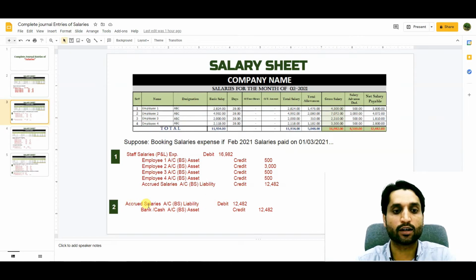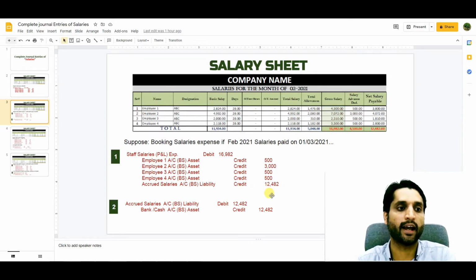They are taking the accrued salaries account, balance sheet liability, this account which we made earlier as credit. Now when we are paying the salaries, we need to make this account debit, 12,482. Bank payment or cash payment, the mode of the payment we need to write here, that account will be credit. So same amount 12,482. So now this liability will become 0 in the month of March.